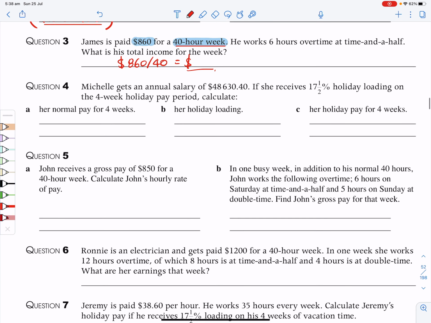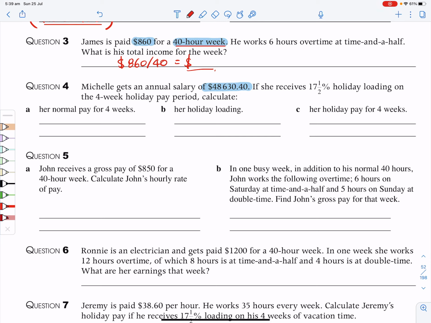For part A of the question, you're simply going to take this here and divide that by 52 to get the weekly pay. And then you're going to multiply that by 4 to get the pay for 4 weeks. So let me calculate this. $48,630.40, I'm going to divide that by 52.